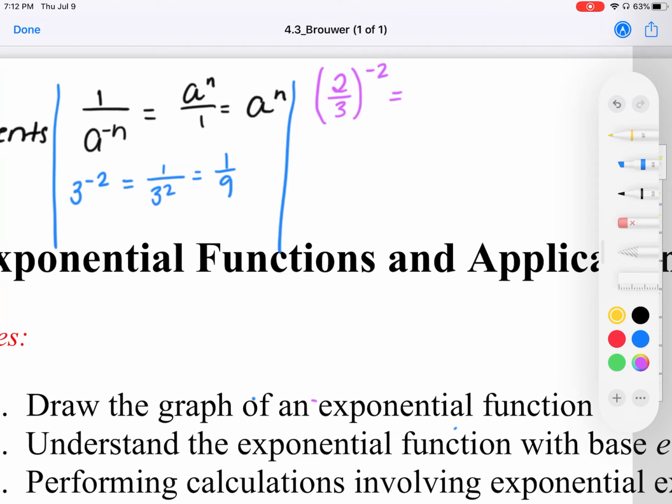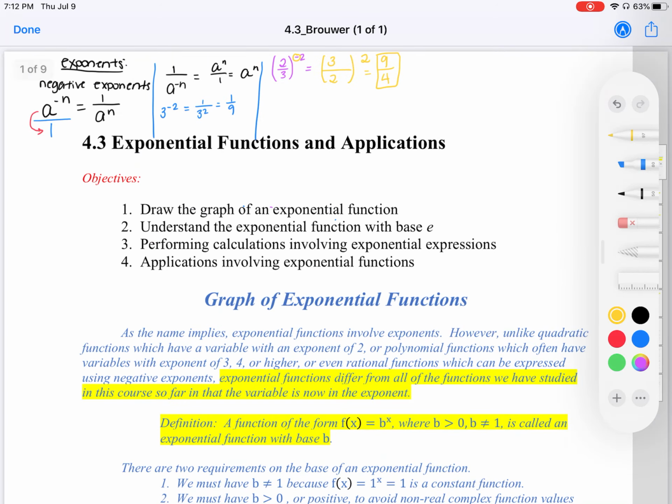Or, to make this exponent positive, we can flip the fraction. So you have 3 over 2, and that makes your exponent positive. So that would give us 9 over 4. Each number would be squared. Alright, so that's a quick review on how to deal with negative exponents. Let's continue with our section.